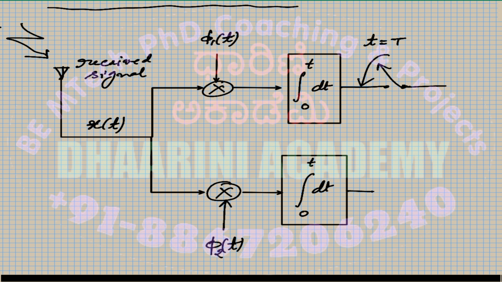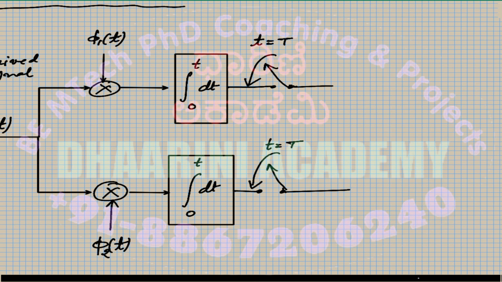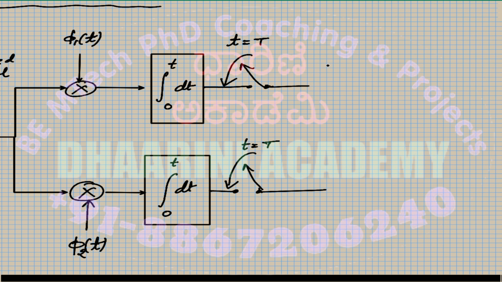Then the same thing happens on the other side, sampled at every t equal to the sampling duration. Now let us see. The top half is going to generate a sample value, say x1, and the bottom channel generates another value, x2.